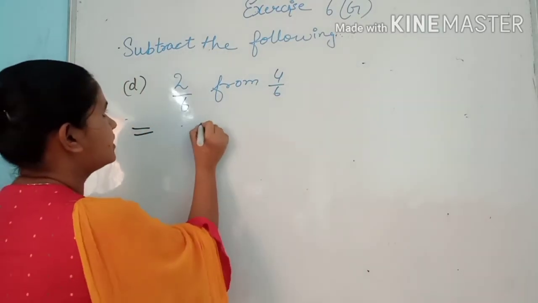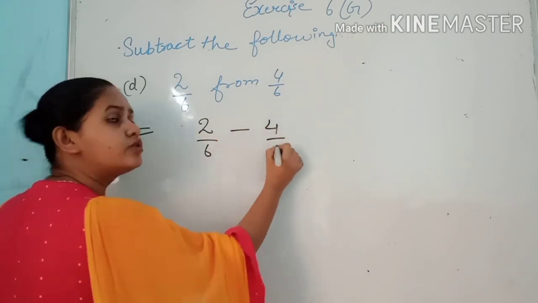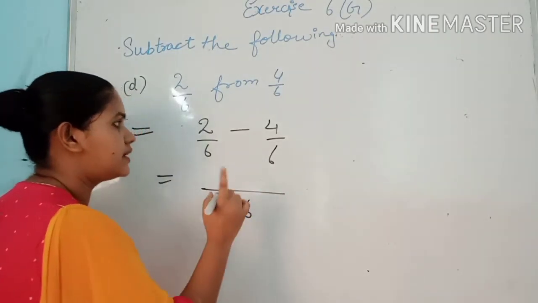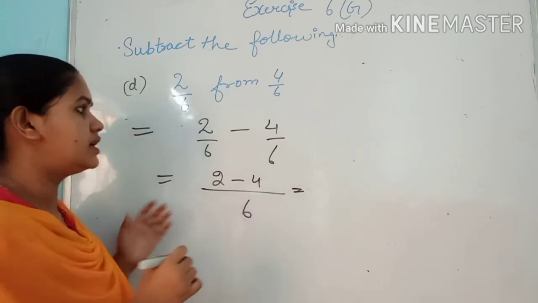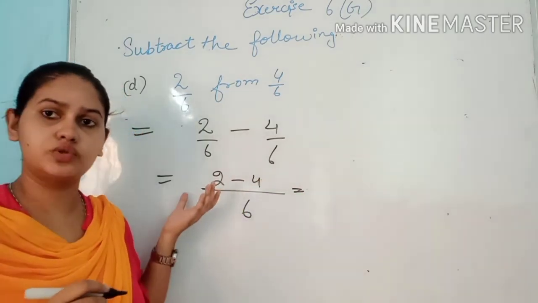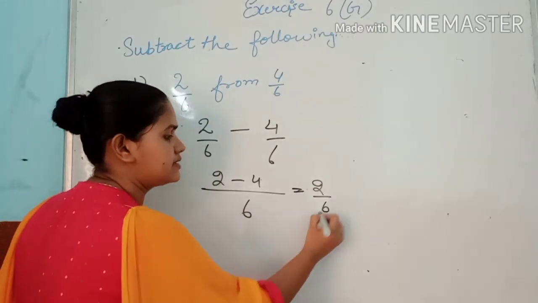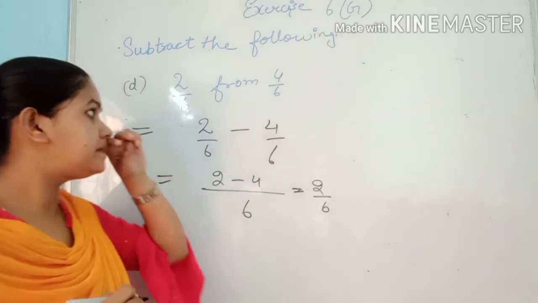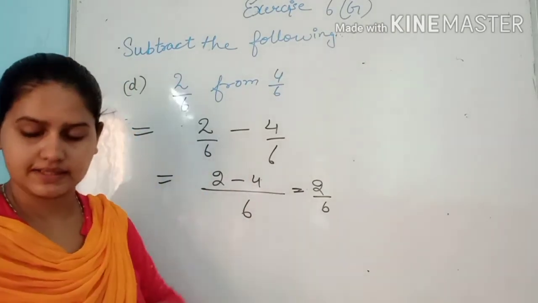First we give our equation where we have to subtract, and then we take the common denominator. So you can see when we subtract 2 from 4, 2 is left and 6 will be the denominator. So it is 2 by 6, right? So the answer of your D is 2 by 6.